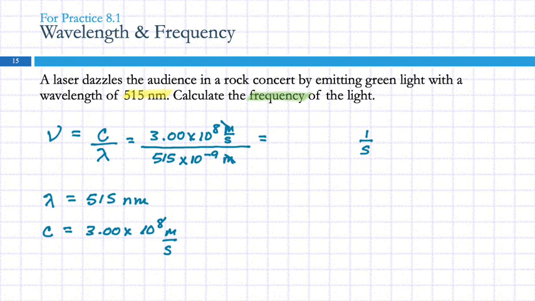Okay, 3 times 10 to the 8th divided by 515 times 10 to the minus 9. 5.83 times 10 to the 14 per second.